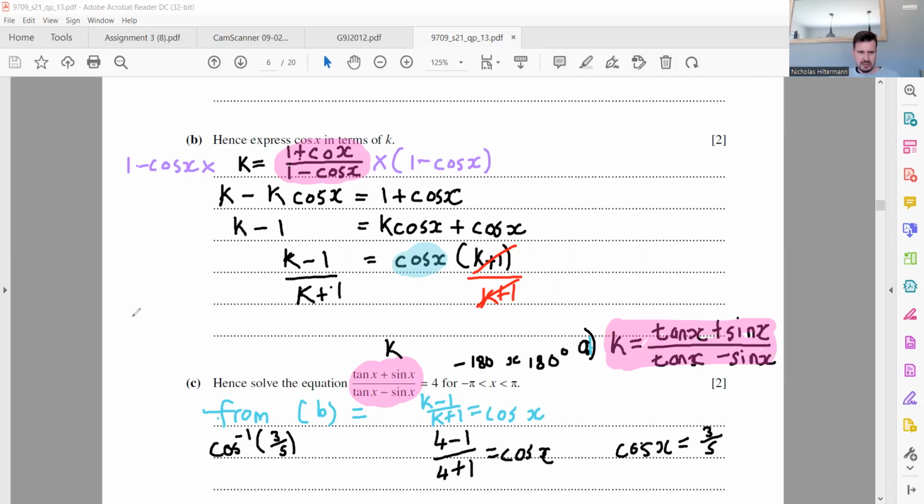You're going to say cos^-1 of 3/5 in your calculator, and it's going to give you an answer in radians. Let's stick it in our calculator and see what we get. Okay, so you're going to get 0.295 pi or 0.927. They'll accept 0.927 or 0.295 pi.